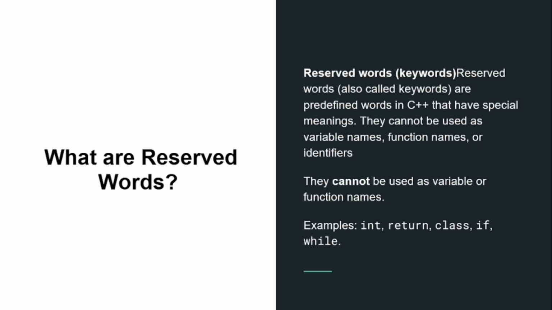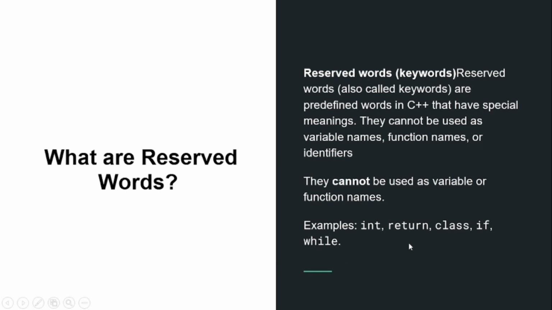So we cannot use a reserved word as a name because it has a special meaning. Reserved words cannot be used as variable names, function names, or identifiers. For example, int is a reserved word.